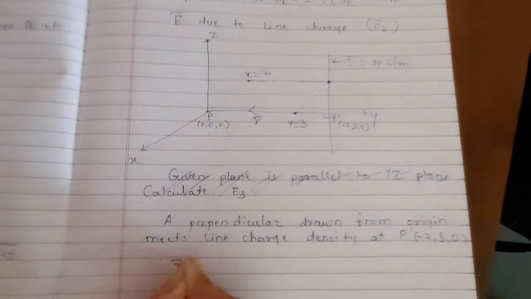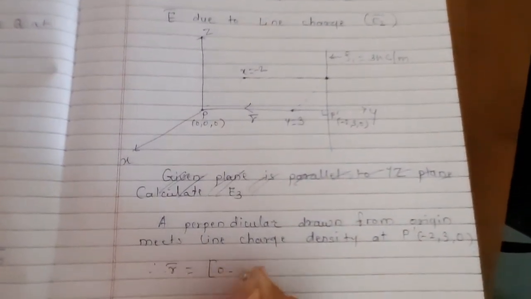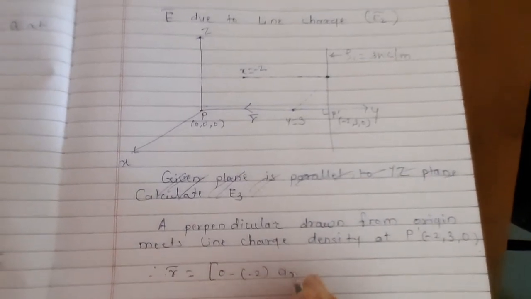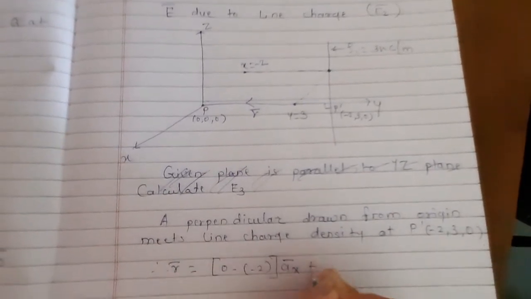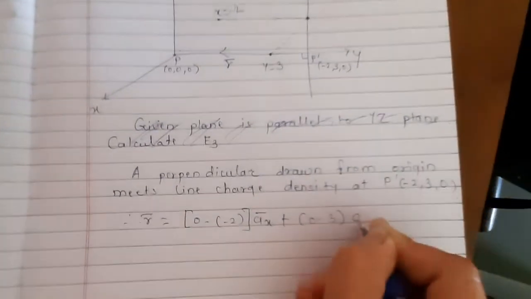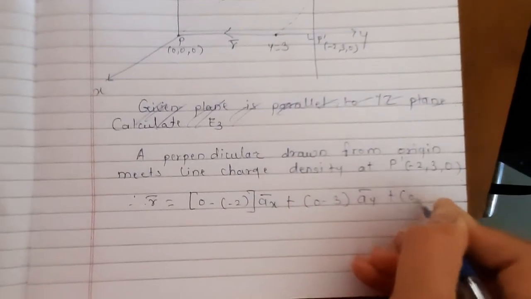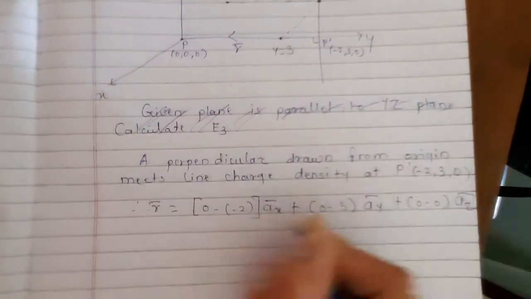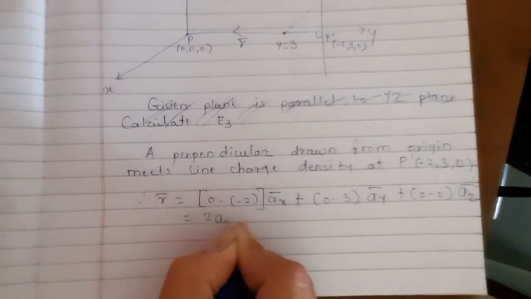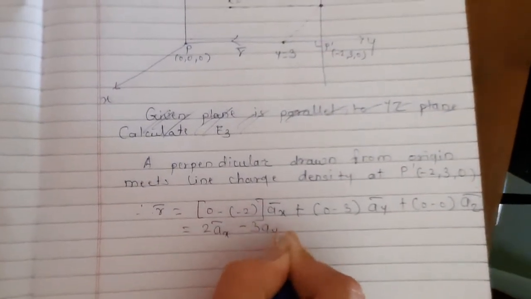So first we find the vector R bar: 0 minus minus 2 ax bar plus 0 minus 3 ay bar plus 0 minus 0 az bar. So it is 2 ax bar minus 3 ay bar.